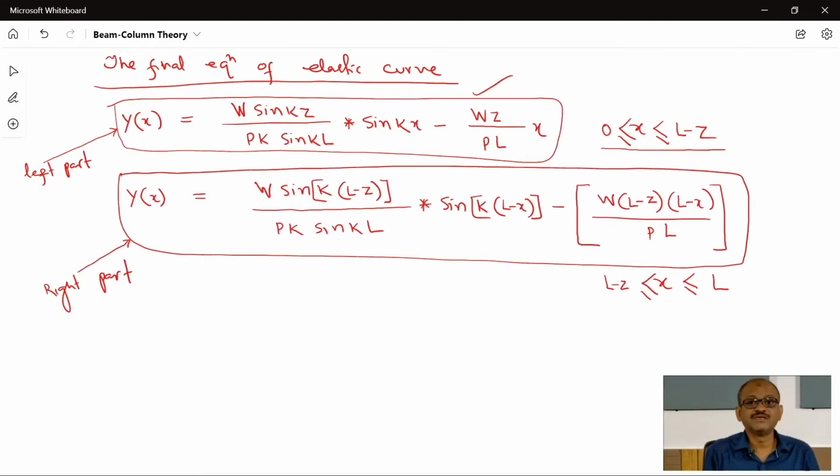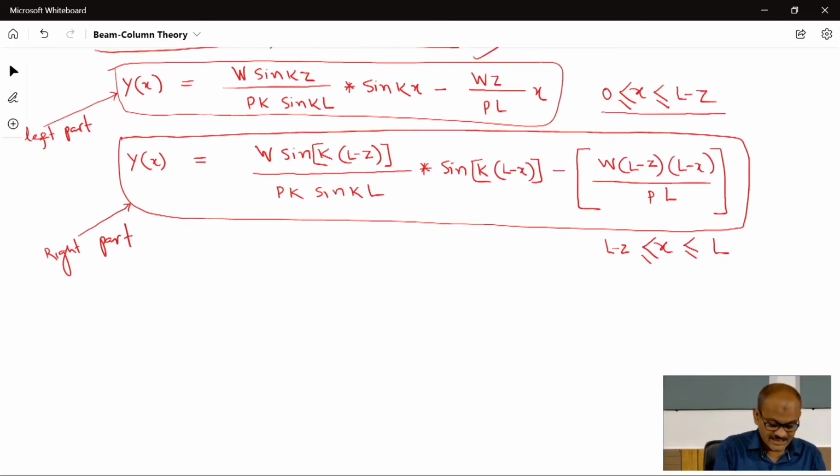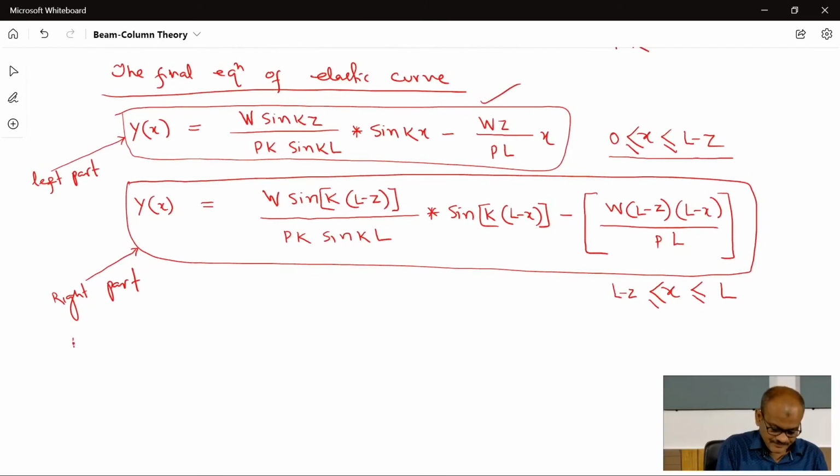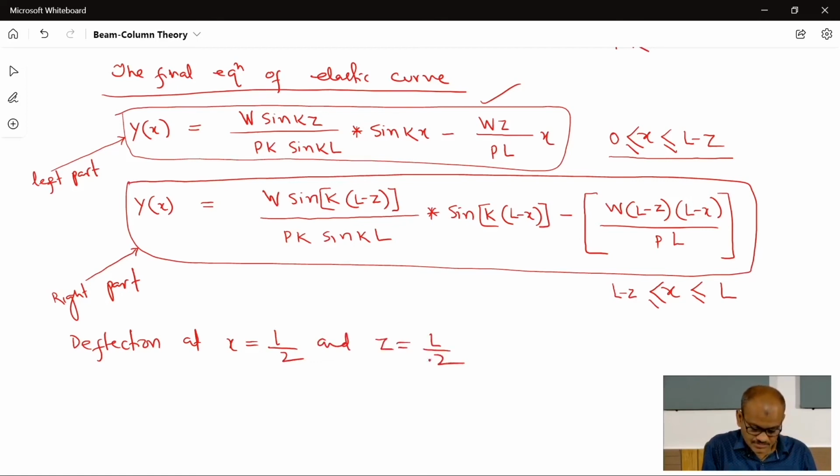Now, our next objective is to find the slope at the center, the slope at the support. Let us find out what expression we get. The deflection at x equal to L by 2 and z equal to L by 2.